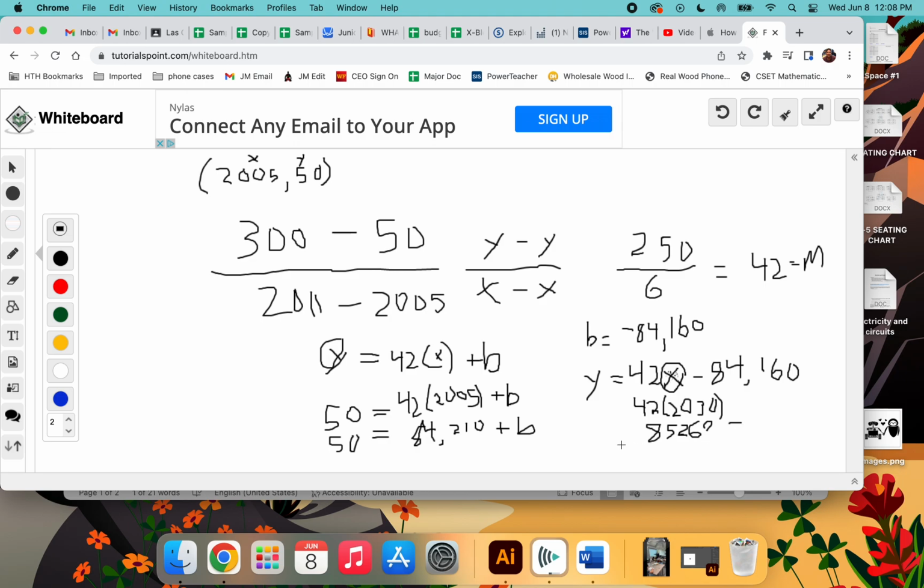So 1,100 is what the price will be in 2030.